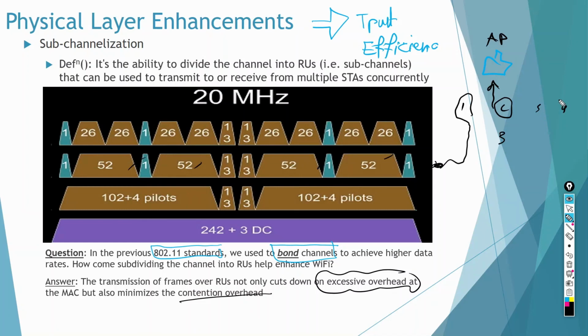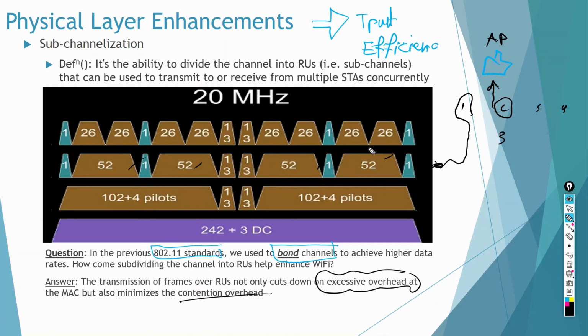So they don't have to wait or contend to access the medium. The situation would be more noticeable if I have 40 devices. If one client is assigned to the whole channel, then 39 would be waiting.